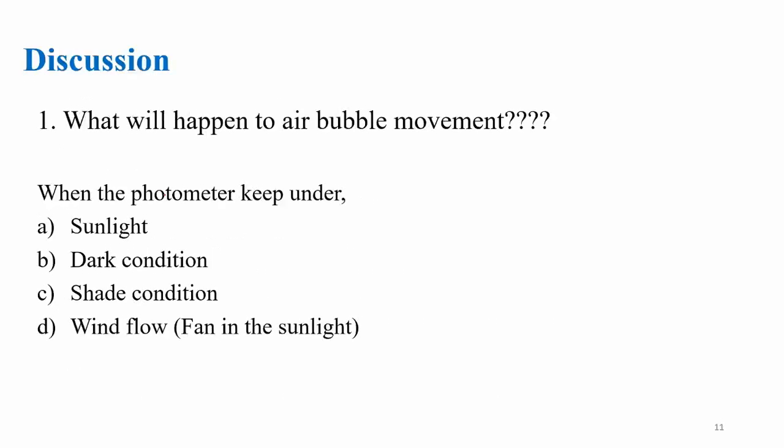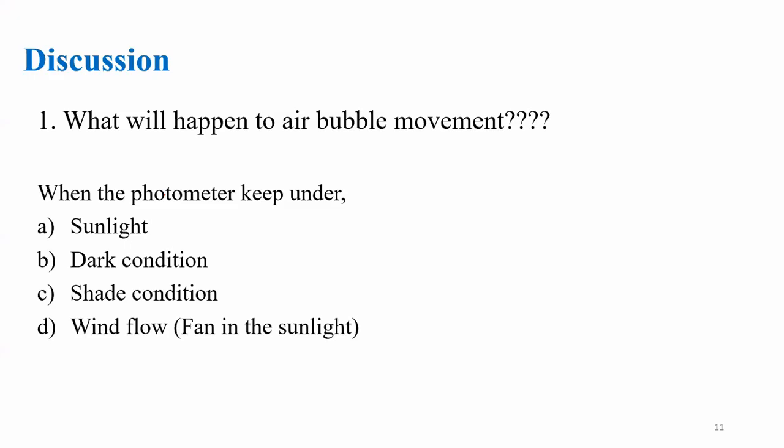The sunlight, dark condition, shade condition, and wind flow. So what do you think about that? The air bubble movement velocity in the sunlight at the particular time, what will happen? When your photometer is exposed to sunlight, what will happen? Air bubble movement is fast.